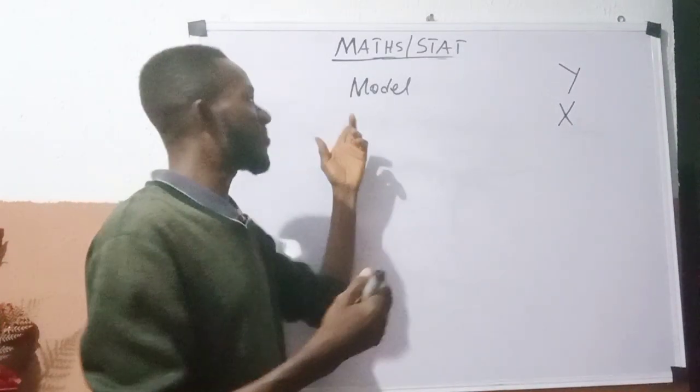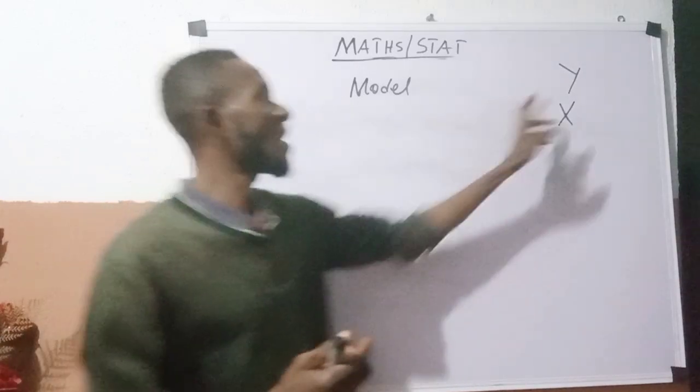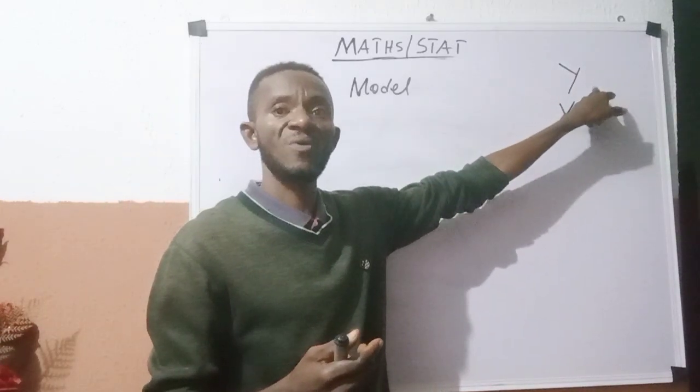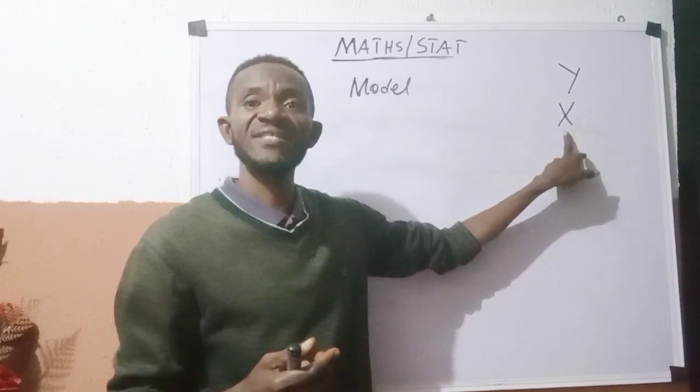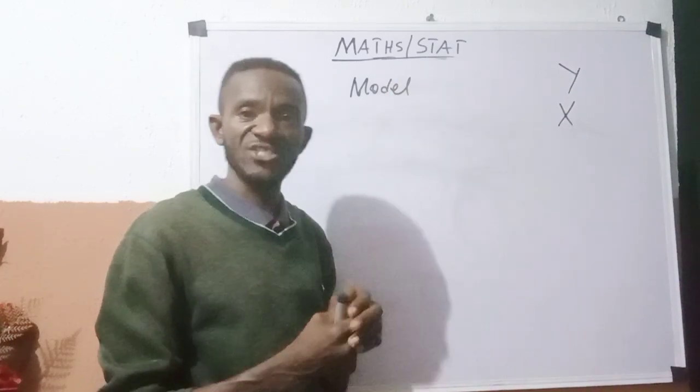So in a simple linear regression, we have only one dependent variable and one independent variable.